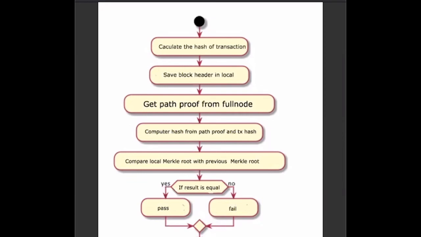Then the block contains a transaction list, and the transaction Merkle root in the block header is generated through the transaction list. And finally, by looking for the position of the transaction in the Merkle tree, the nodes that generate the Merkle root are continuously obtained from the bottom up. The list of these nodes is the Merkle path.